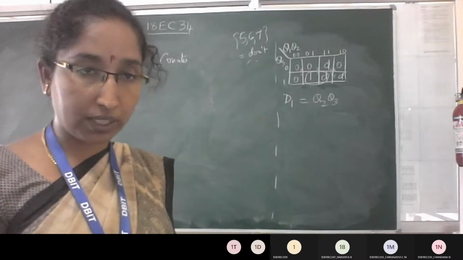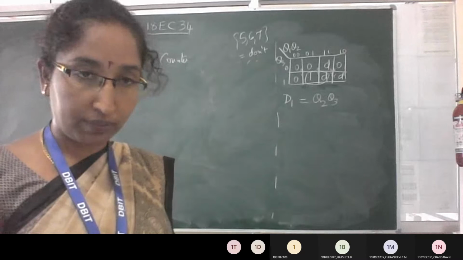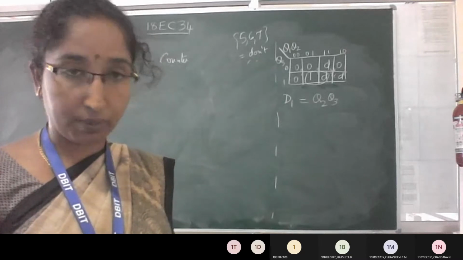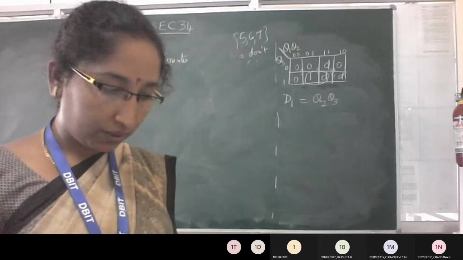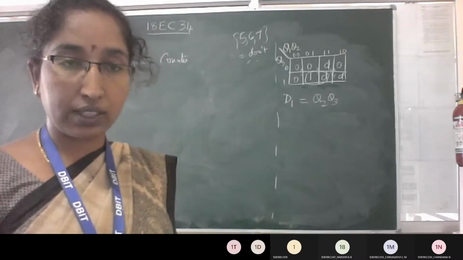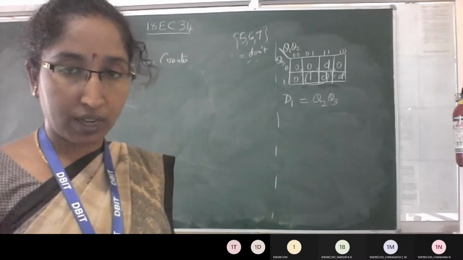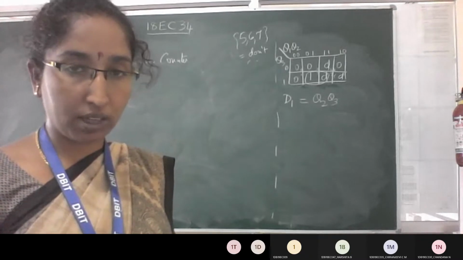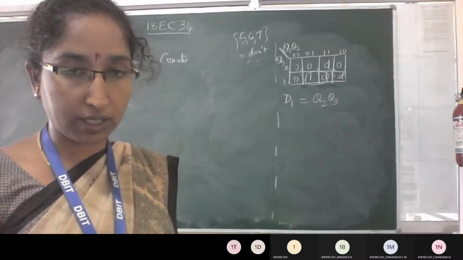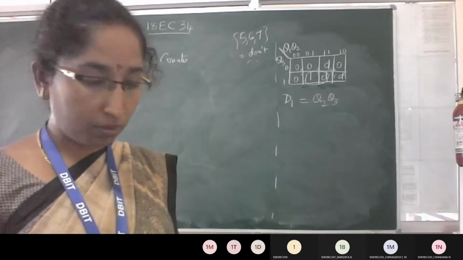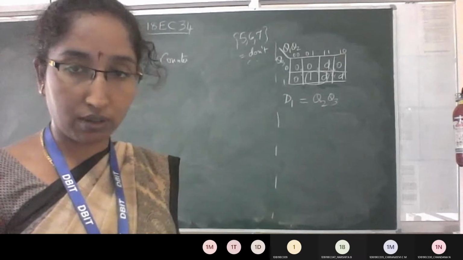Up counter means in ascending order 0, 1, 2, 3 you have to take, and a mod 6 counter using D flip-flop. That is what you solved in the normal class: 0, 2, 3, 6, 5, 1. They may specify the sequence or they may ask in general, mod 5, mod 3 or mod 4. Any modulus can be given using some flip-flops. That is more important in module 4.